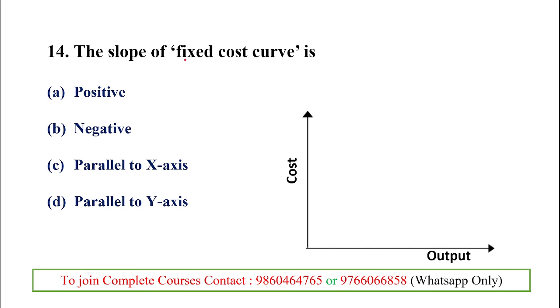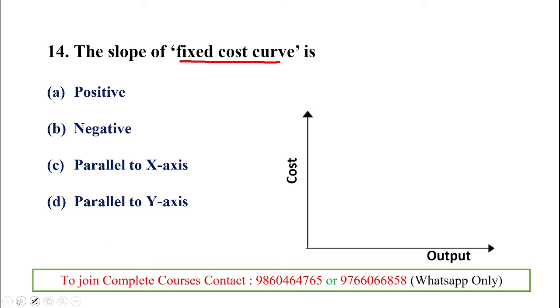And the next question: the slope of the fixed cost curve. The fixed cost is a cost that the firm must incur to produce all the outputs. So the fixed cost curve cannot start from the origin, because a cost must be there to start anything. There must be an investment first to start any business, that is fixed cost.